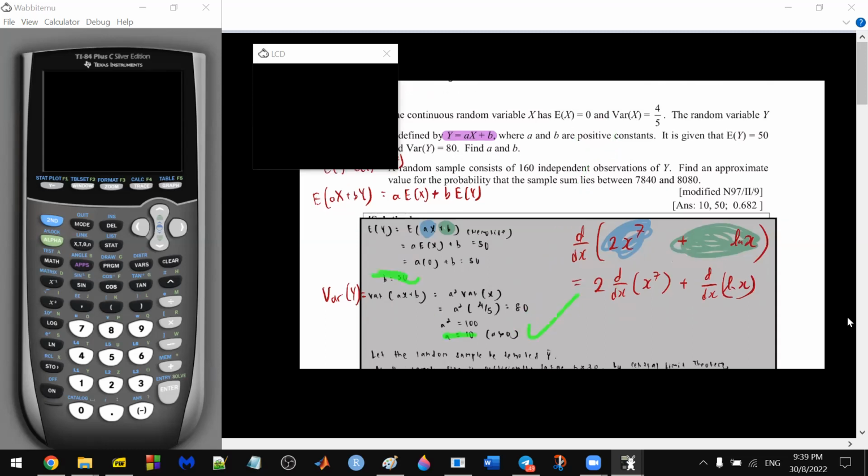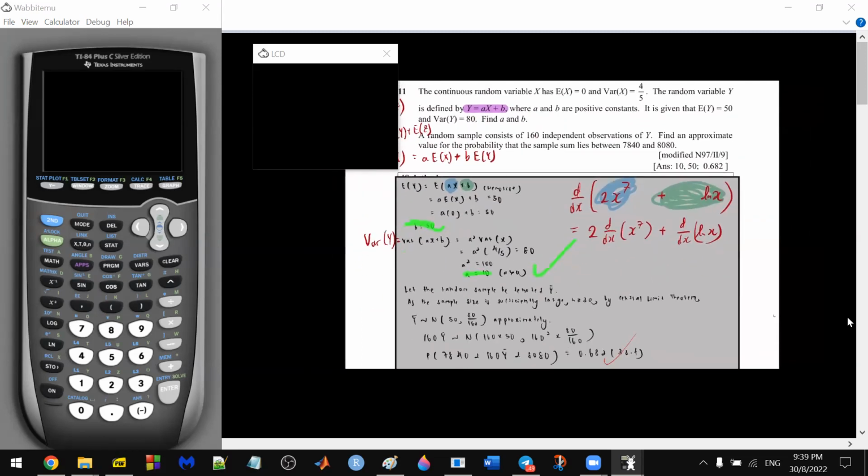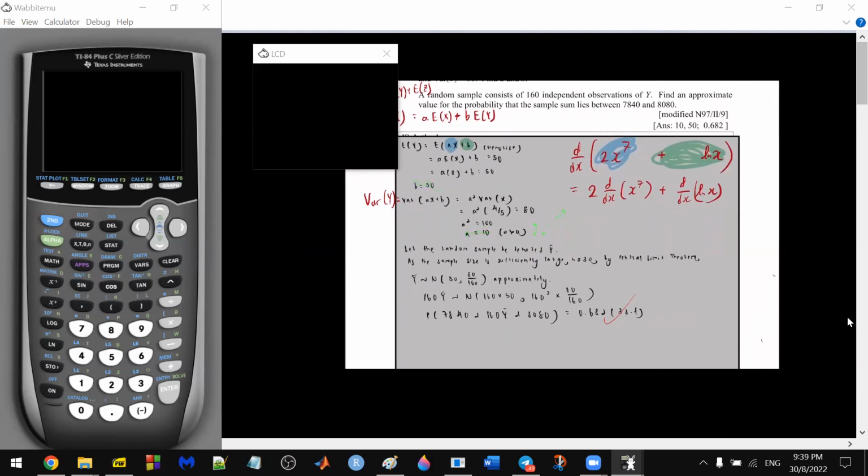Okay, good. Then a random sample consists of 160 independent observations of y. Find an approximate value for the probability that the sample sum lies between 7840 and 8080.